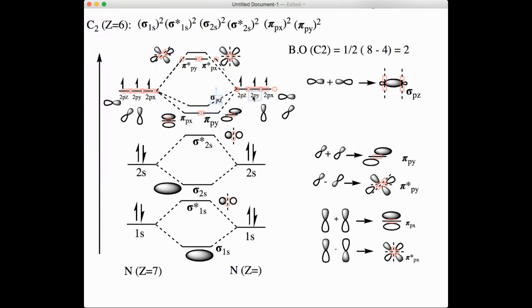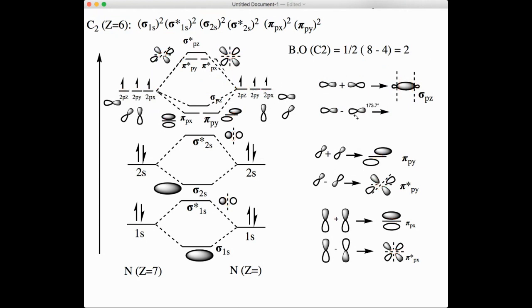And then up here we'll have the star PZ. Guys, sigma star, I'm going to draw it here quickly so everybody knows. So this is the sigma bonding in phase addition. When we add them out of phase, obviously the lobes facing each other will be with opposite sign of the wave function. So I'm going to turn this around.